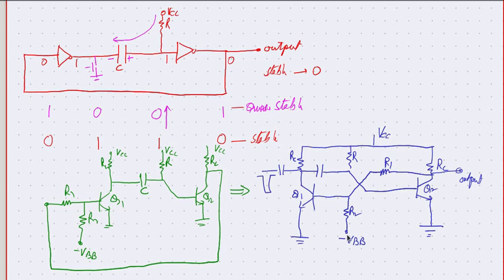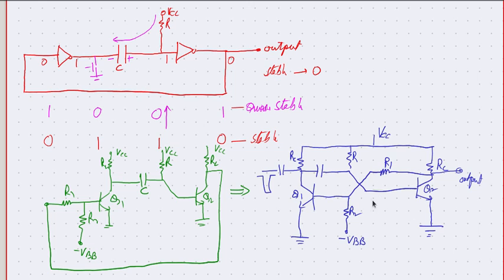Then Q1 collector is connected to Q2 base via C, and Q2 base is connected to VCC via R. Other than that, all the rest is the same.